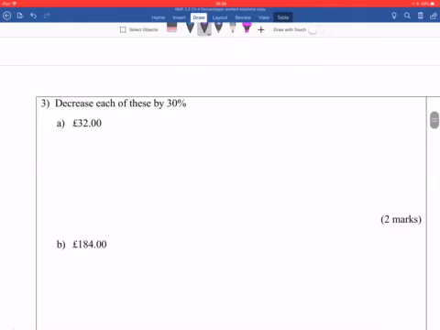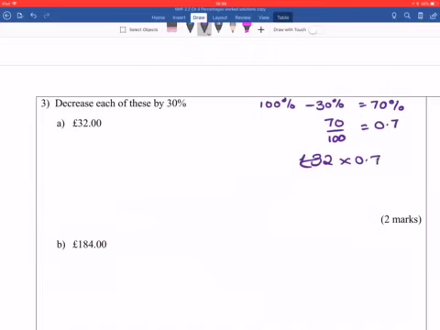Right, so decreasing by 30% is 100% minus 30%, so I've got 70% of what I had. And 70% is the same as 70 out of 100, and as a decimal that's 0.7. So if I multiply by 0.7, I get my answer. So 32 times 0.7, I get £22.40.